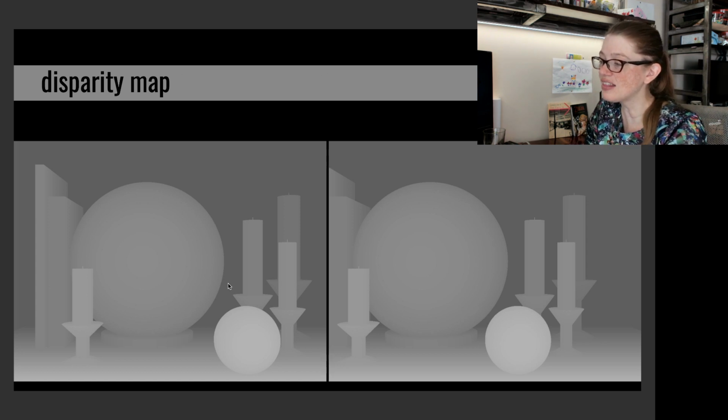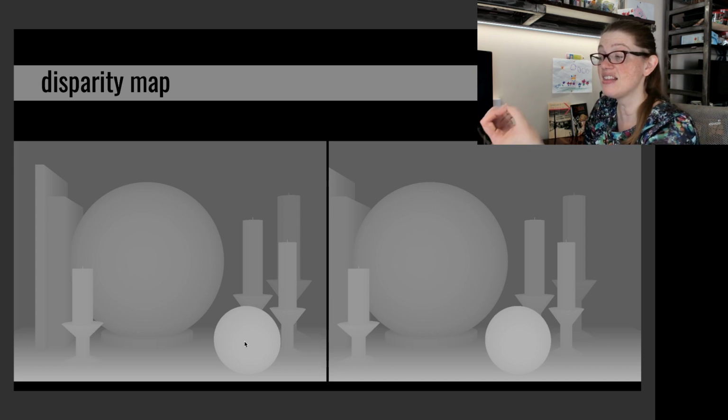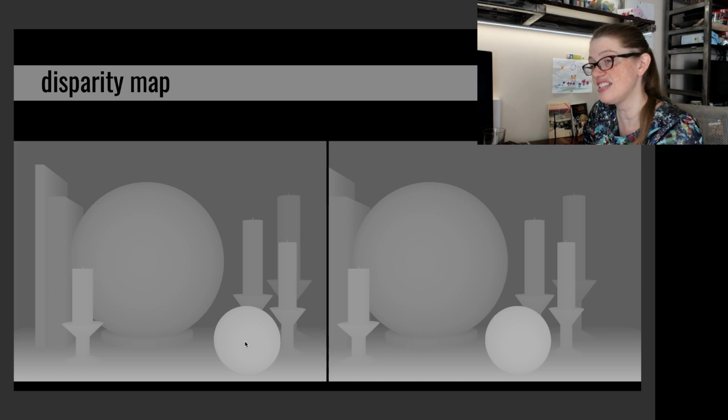If I look at the front of this ball here, let's suppose the disparity here was 55. That's the intensity of the pixel. So the disparity is 55. That means from my position X in the left image, if I subtract 55 from X, that's where I can expect that same pixel to be in the right image.